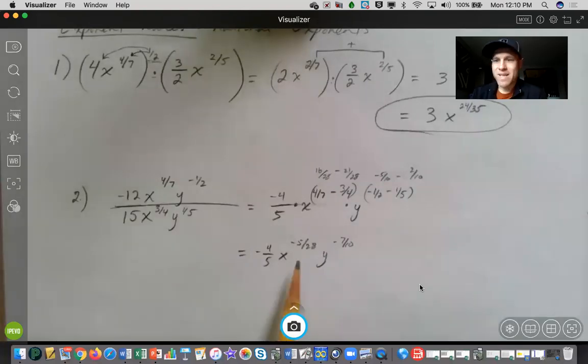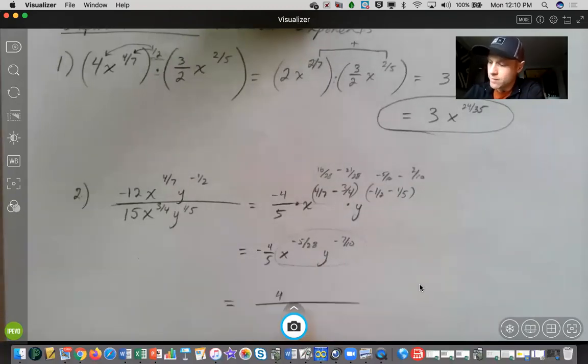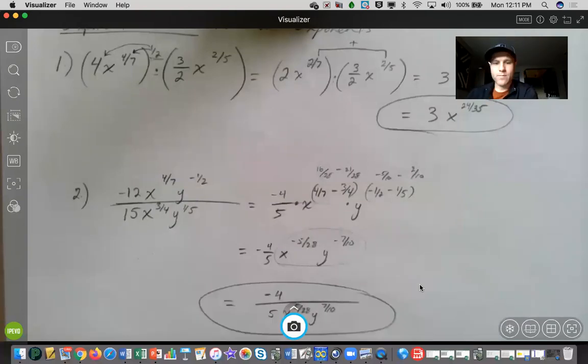So to make this better understood in math class, if this answer isn't there, and let's say it's a multiple choice question, what they'll want you to do is take these and move them underneath with the 5. So we'll make this one big fraction, -4/5, and x to the +5/28, and y to the +7/10. So that would be your final answer with that, okay?